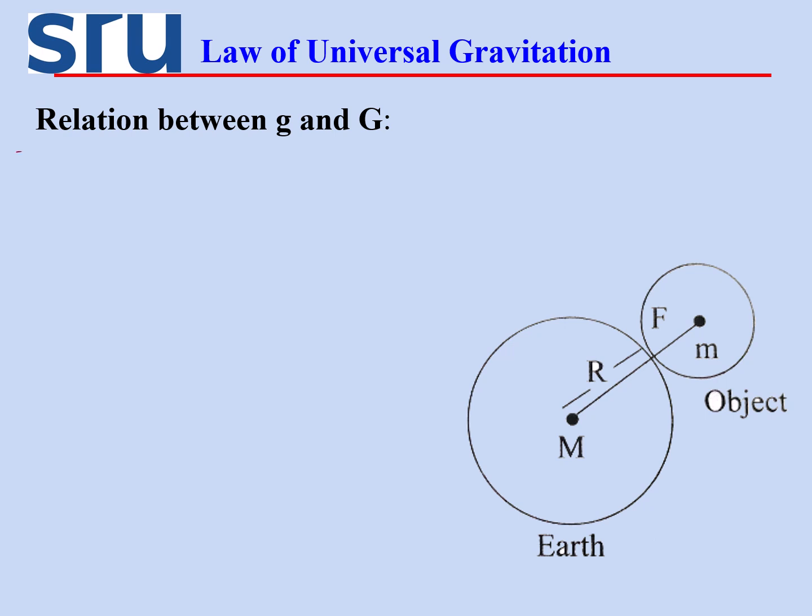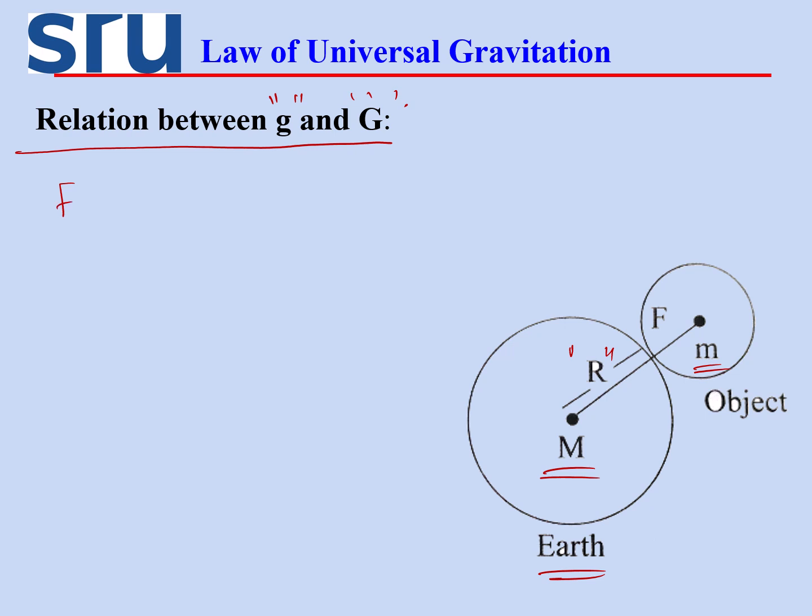Now we see the relation between small g and capital G. This is the Earth, its mass is capital M. This is a small object on the surface of the Earth, with mass small m. From the center to the Earth's surface the distance is r. According to Newton's gravitational law, there exists a force.